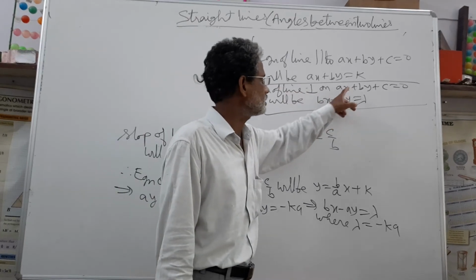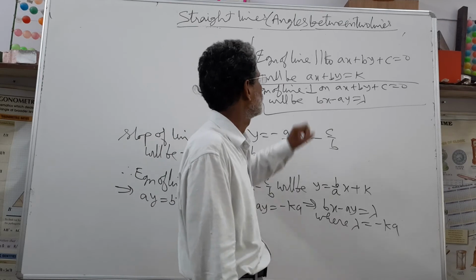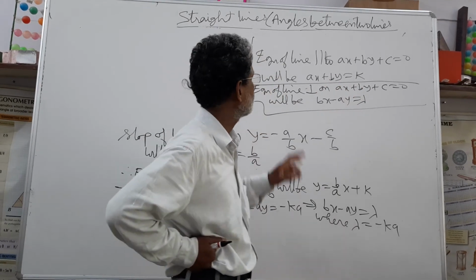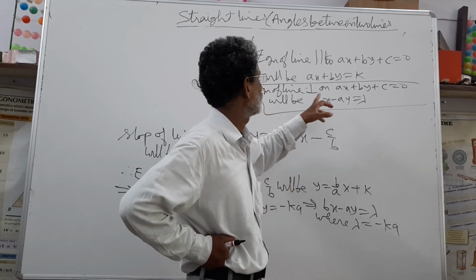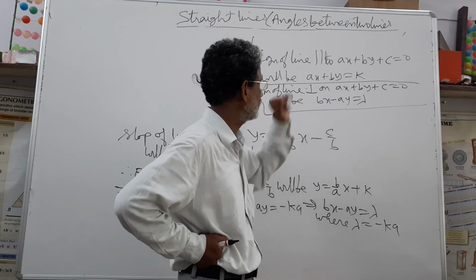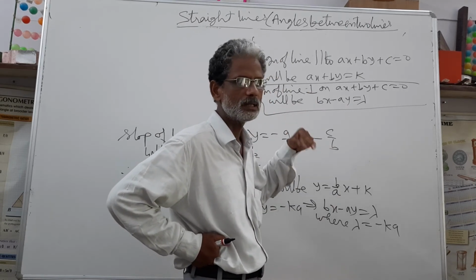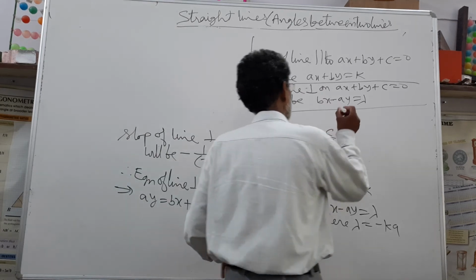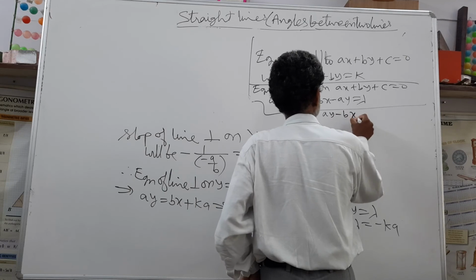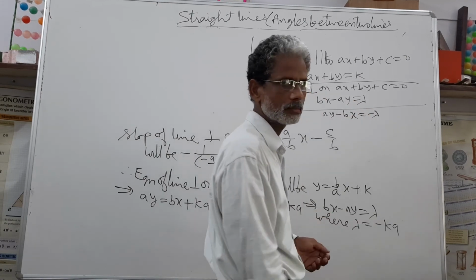This implies that if your line is ax plus by plus c, then interchange the coefficients of x and y and change the sign of one coefficient, because this can also be written as ay minus bx is equal to minus lambda, which is another constant.